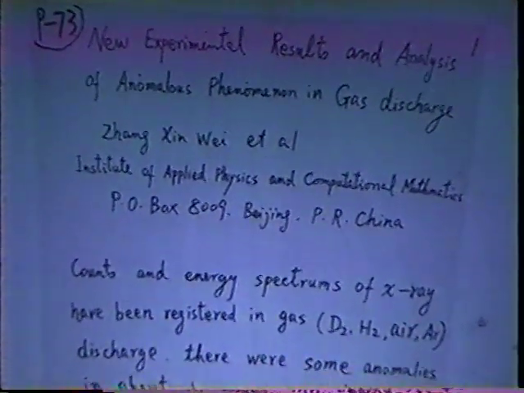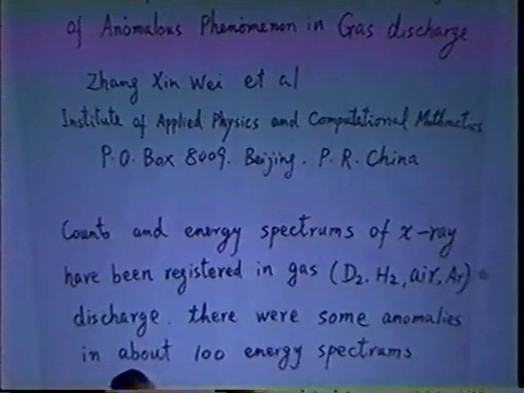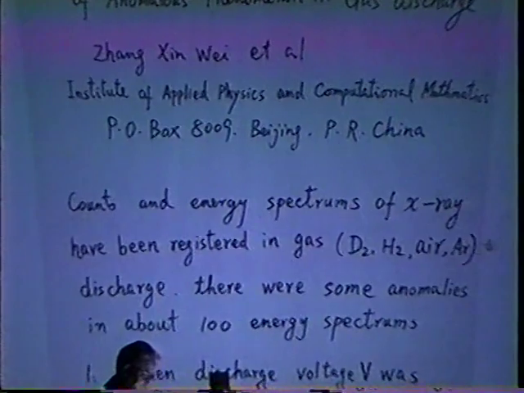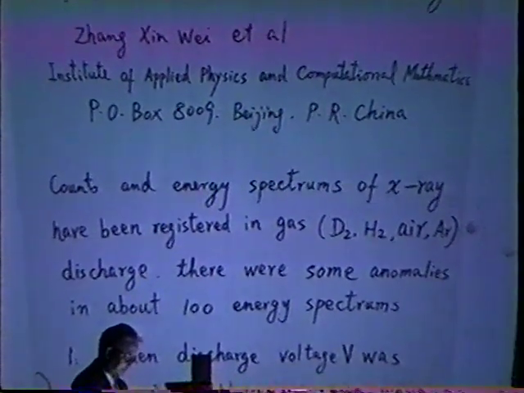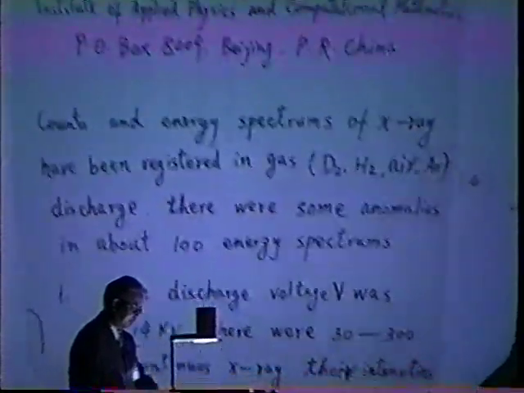New experimental results and analysis of anomalous phenomena in gas discharge: counts and energy spectrum of X-ray have been registered in gas discharge. There were some anomalies in about 100 keV energy spectrum.